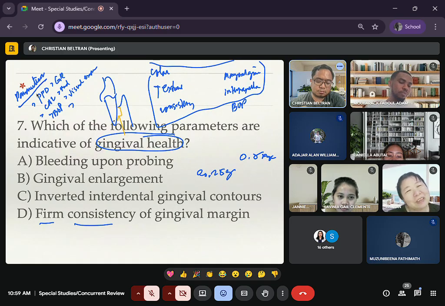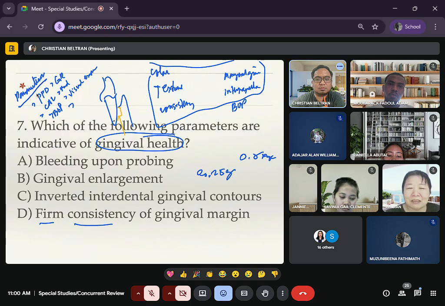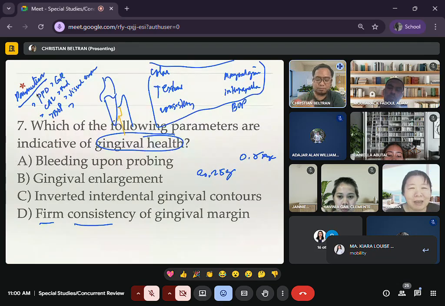What else? This can be a basis on deciding whether the tooth needs to be extracted or not. The mobility. Mobility, very good.